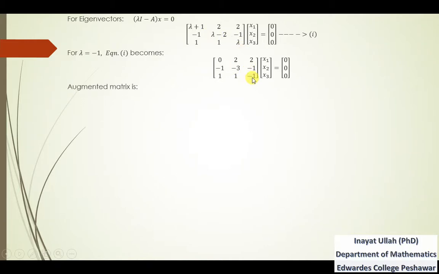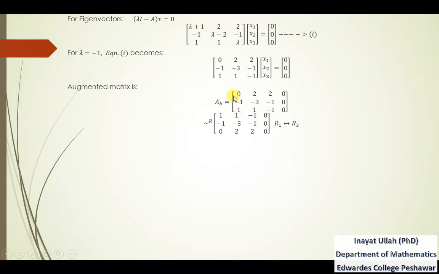Taking the augmented matrix, the combination of these two, and converting this matrix to upper triangular. How could we convert this matrix? This must not be equal to 0, so interchanging these two rows.